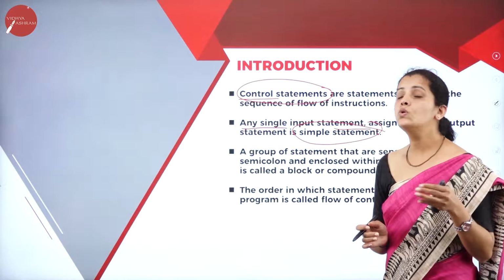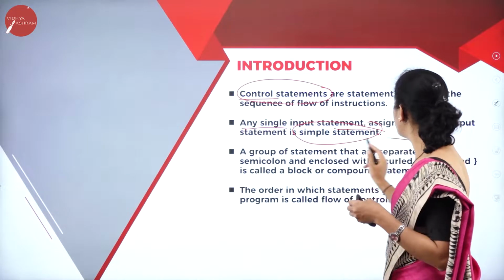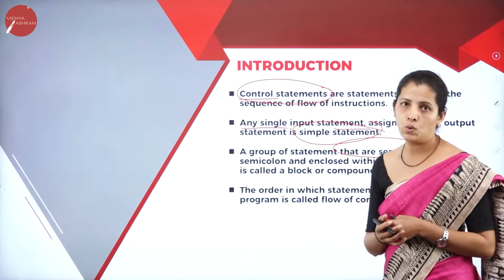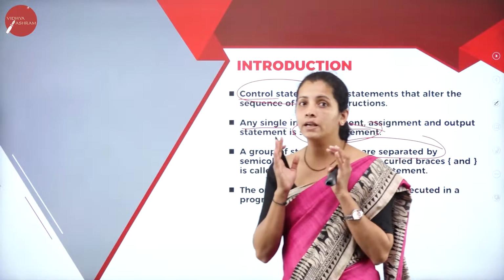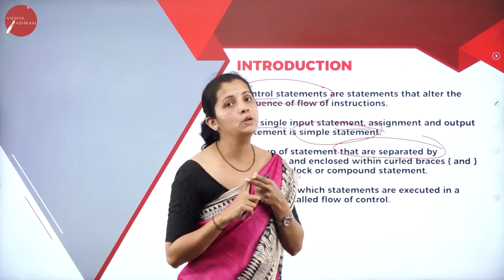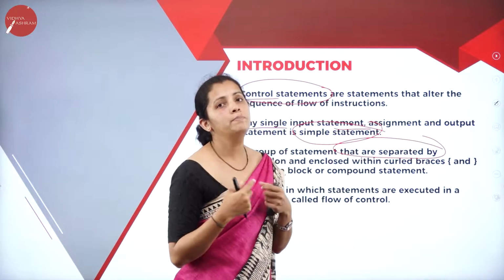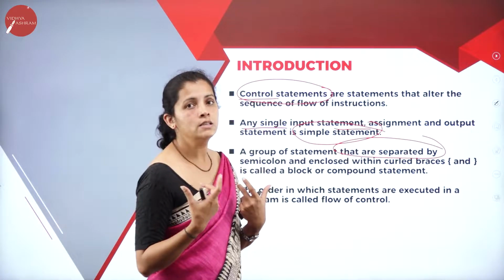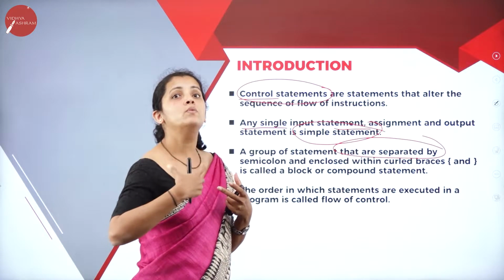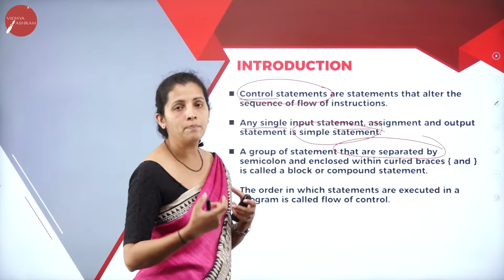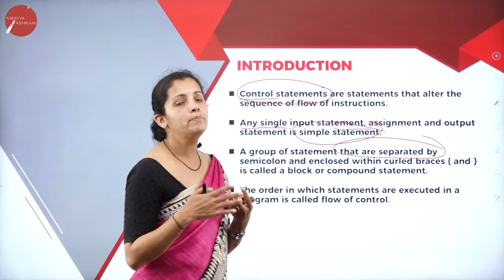And a compound statement is a group of statements that are separated by semicolon. So dear student, just remember one thing, that if I consider statement, we are having two types of statement, simple statement and compound statement. So what is a simple statement? If I am having only one line in my program, then that is called a simple statement.